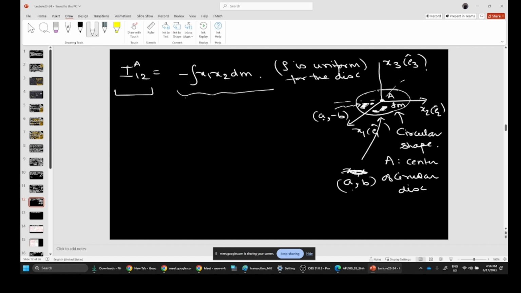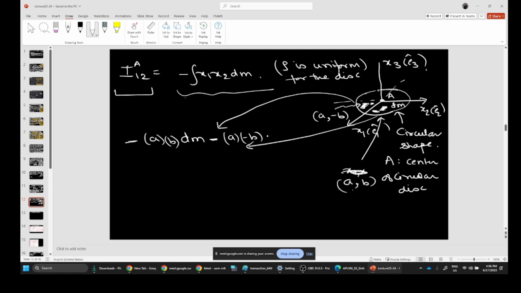Because this will give you a times b dm, whereas this will come with minus, so minus ab dm, and then there will be a minus in the beginning, a minus b dm. What happens? You get ab dm plus ab dm cancelled out.